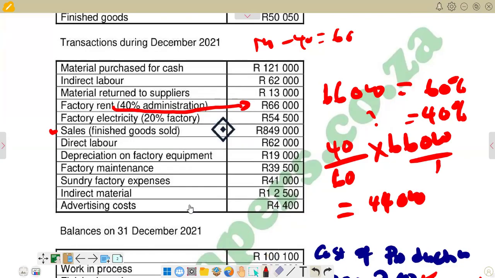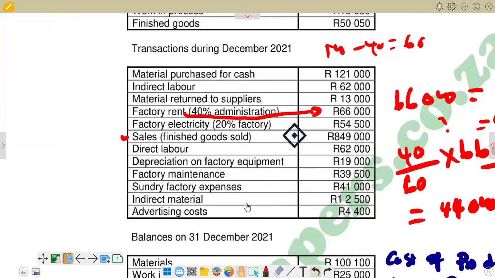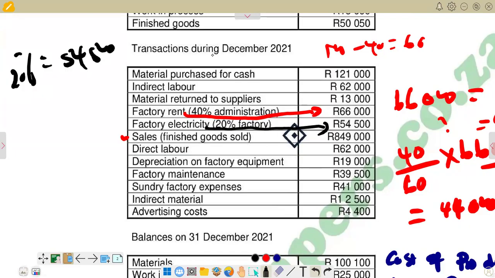So we also have electricity. For electricity, the factory electricity figure is here, which is 54,500, represented by 20% factory. So we are saying 20% is equal to 54,500. So 100 minus 20, you get 80.